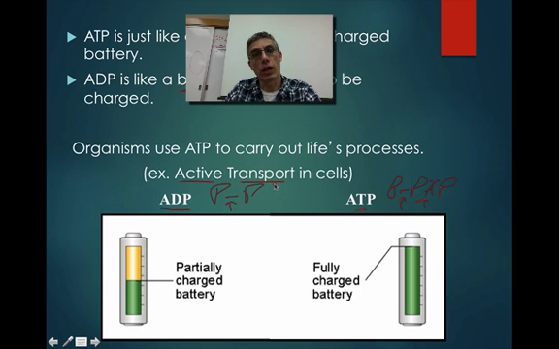Sometimes we go from an area of low concentration of molecules to an area of high concentration of those molecules. So again, active transport requires energy to be able to do this. The energy that it's going to use is going to be the ATP. And the only way that it can happen is by breaking that bond. Once you break the bond, then the energy is going to be released and active transport can actually occur.